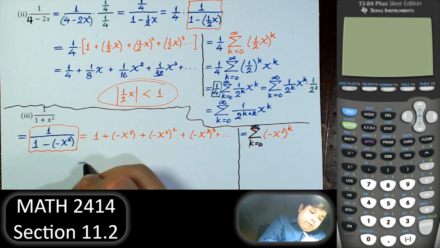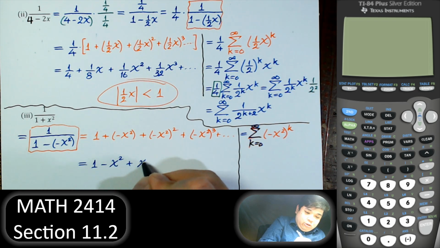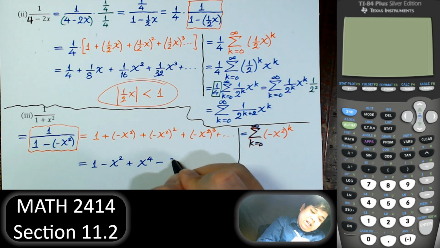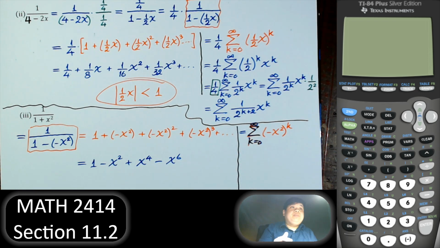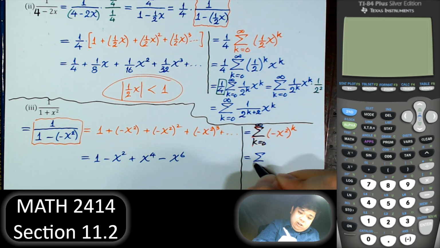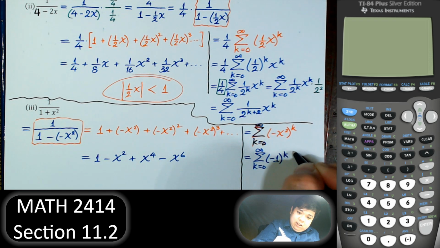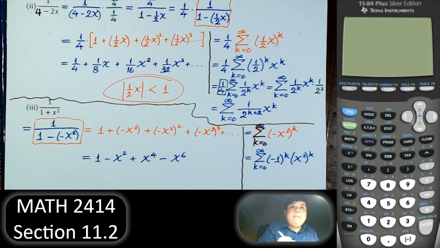So we'll have 1 minus x squared plus x to the 4th minus x to the 6th, and so on. Or the summation, we can write negative 1 to the k, x squared to the k. Power to another power, we can combine them.